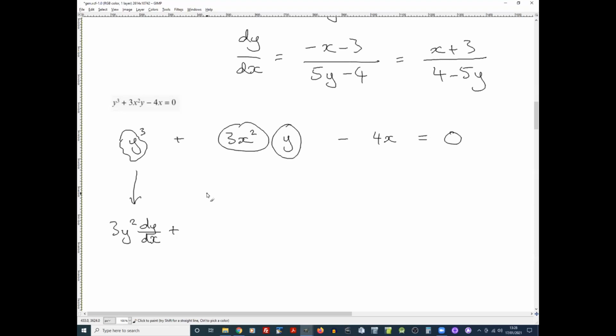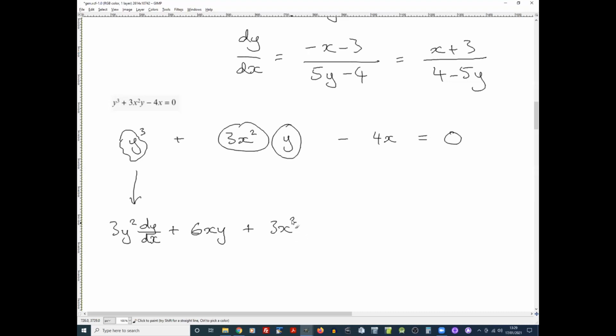So, to do this one, we say it was 6x times y, plus 3x squared.